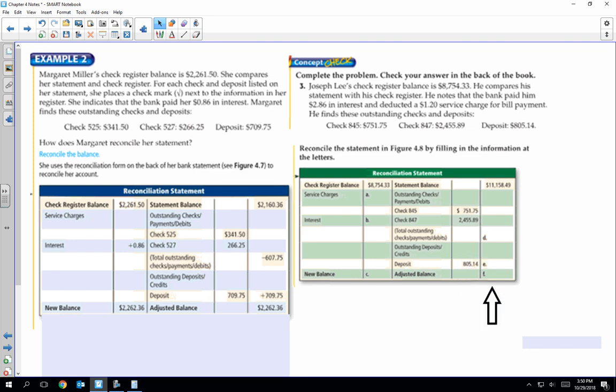We have a service charge of $1.20. Let me make it a little bit smaller. So that's $1.20. And then we have an interest amount of $2.86.